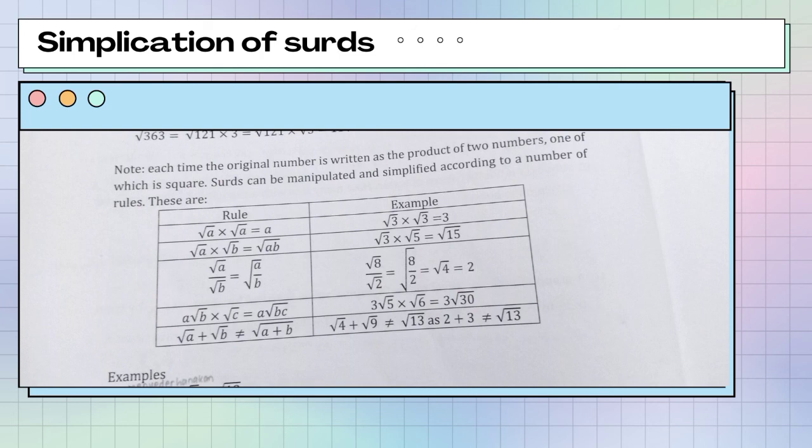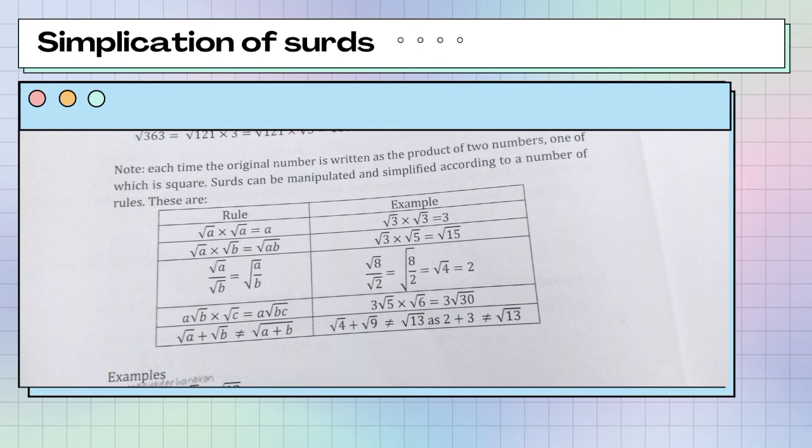Number 3, the square root of a divided by the square root of b equals the square root of a divided by b. Example, the square root of 8 divided by the square root of 2 equals the square root of 8 divided by 2, that is the square root of 4, so the final answer is 2.